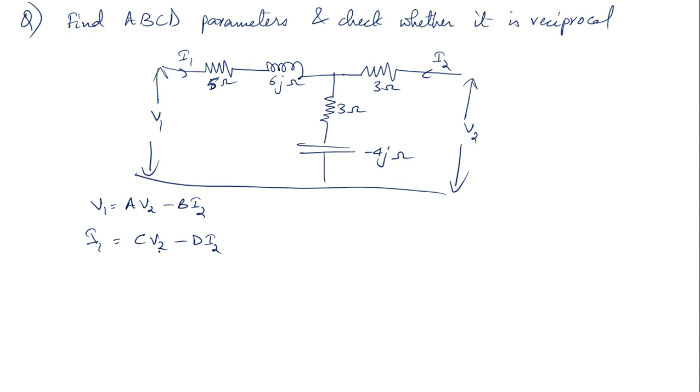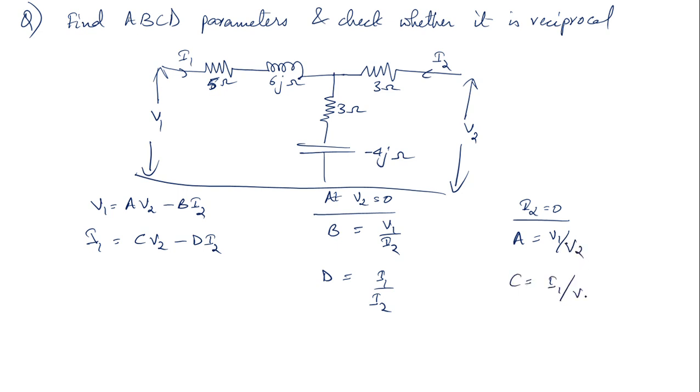At V2 equal to 0, you will be getting B and D. B is V1 by I2 and D is I1 by I2. Then in the next case you have to put I2 equal to 0, and you will get A and C. A is equal to V1 by V2 and C is equal to I1 by V2.